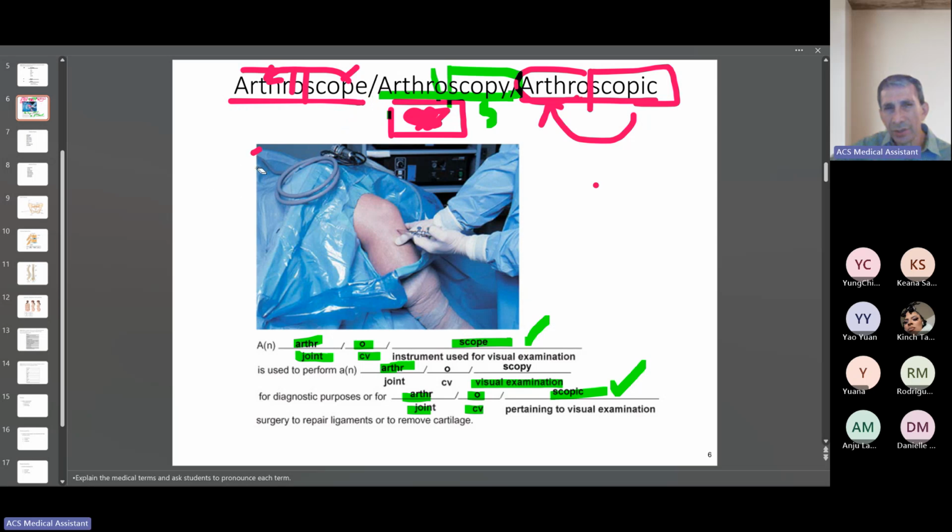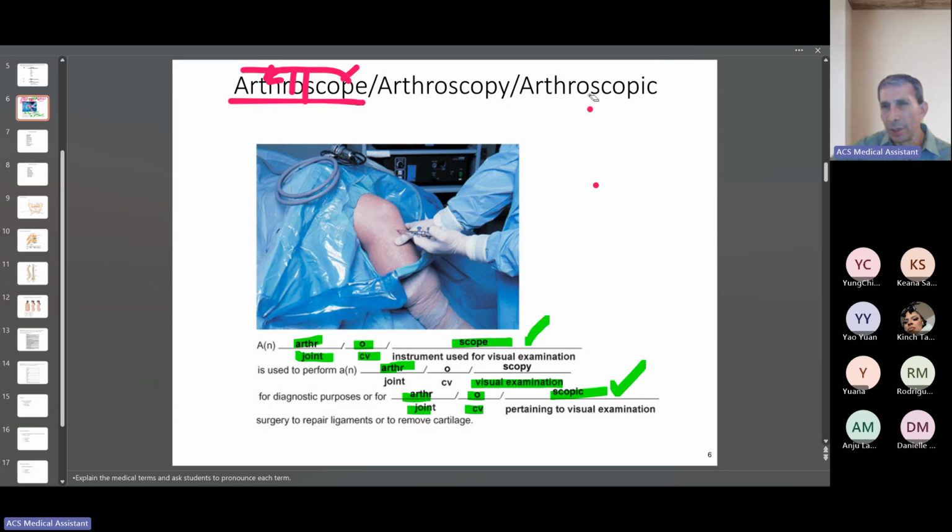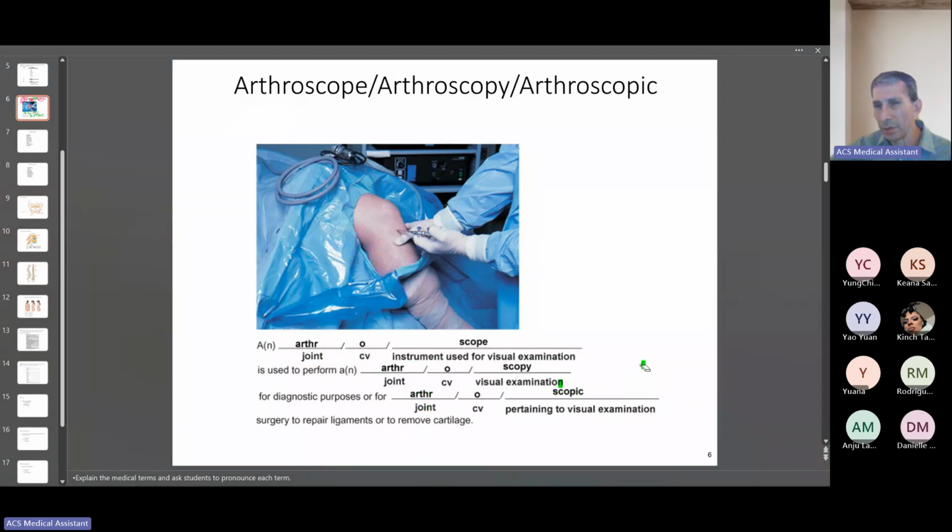These are procedures done by medical doctors, particularly the medical doctors that specialize in the musculoskeletal system, which are orthopedic doctors. This is not any regular doctor. This is not probably a surgical doctor can do it, but a surgical doctor that is in orthopedics, which is the doctor that specializes in bones and muscles. So that's basically what these terms are all about.